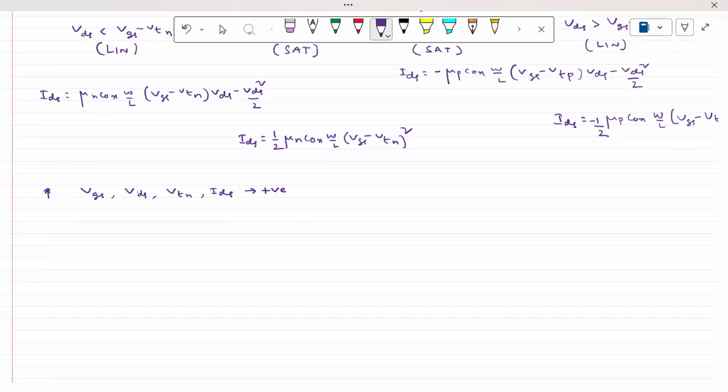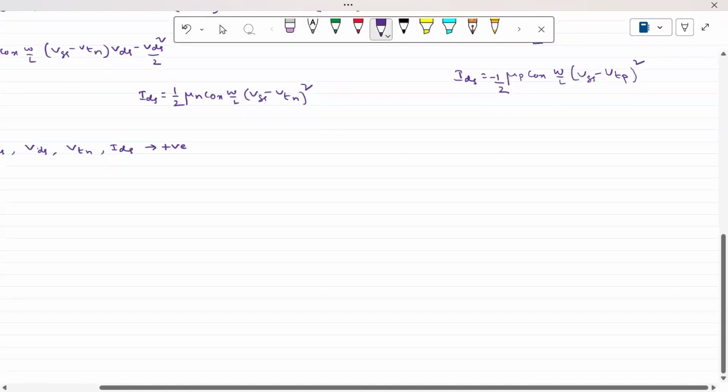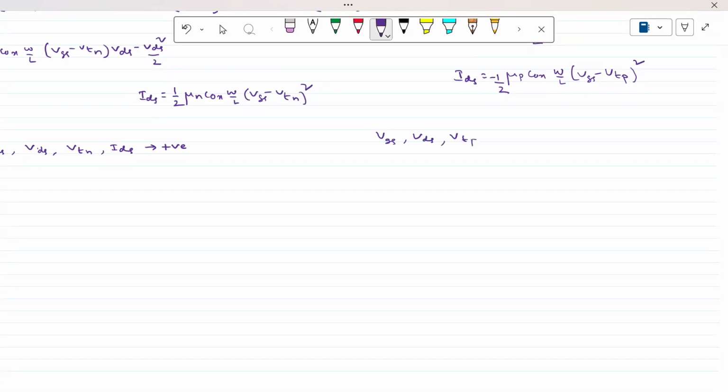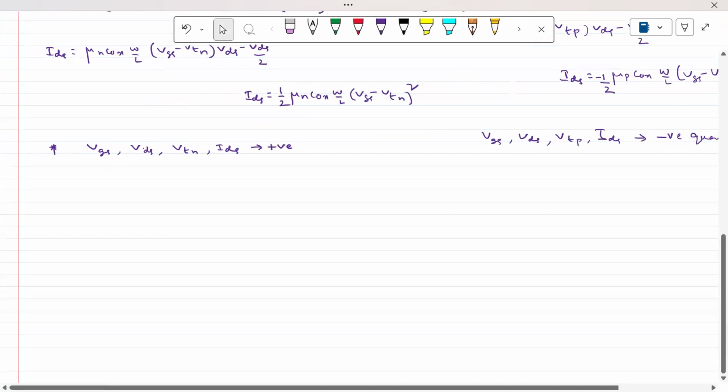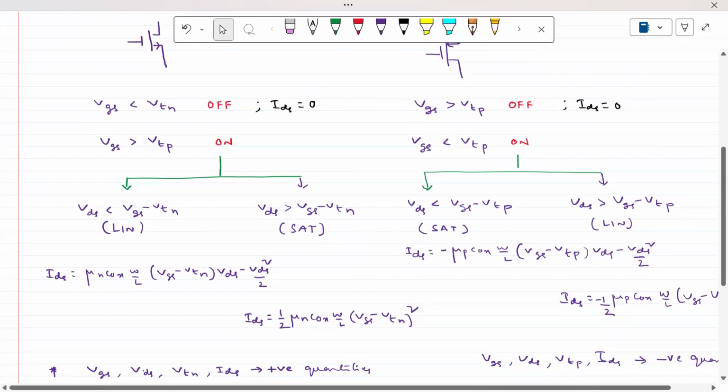Current is also positive. What about in the PMOS case, VGS, VDS, VTP, and IDS? All are negative quantities. So don't forget about that, right?